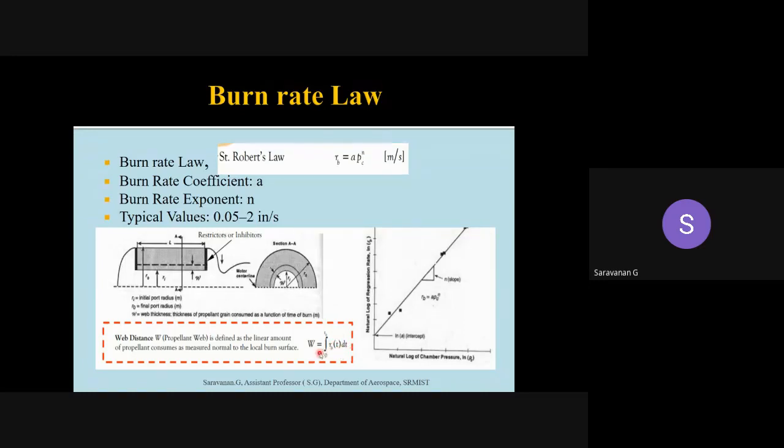That is nothing but the web distance. So the propellant web, or web distance, is the linear amount of propellant consumption measured normal to the local burn surface.